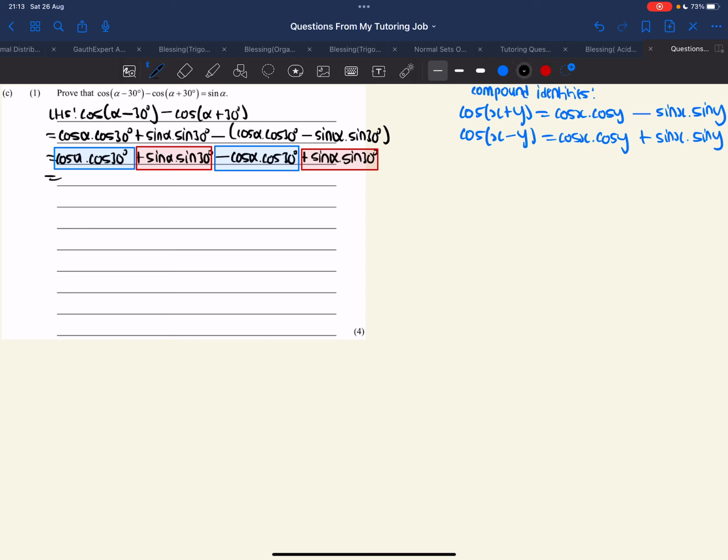Cos alpha cos 30 degrees will basically cancel each other, because cos alpha multiplied by cos 30 degrees minus cos alpha multiplied by cos 30 degrees cancels out, and the two ones in red add up to give 2 sine alpha sine 30 degrees.